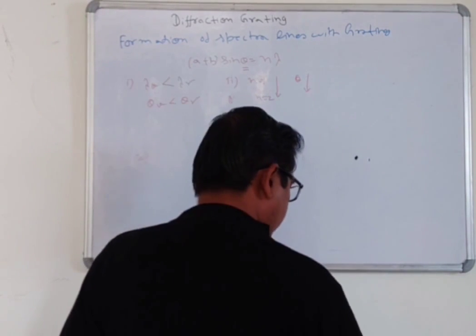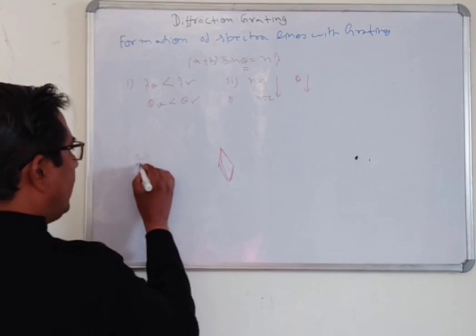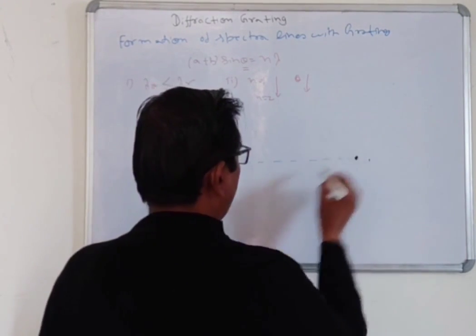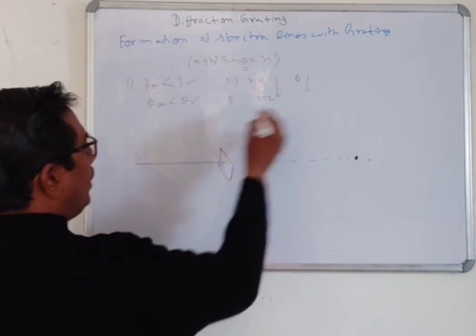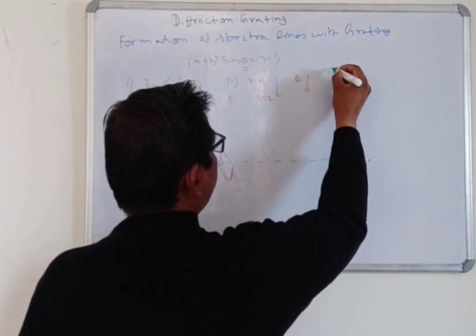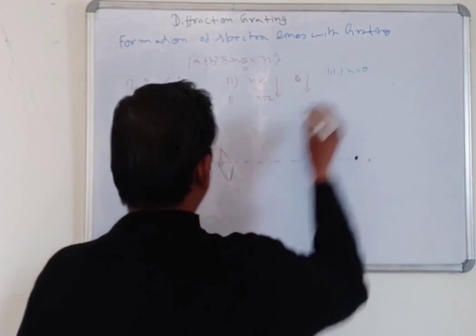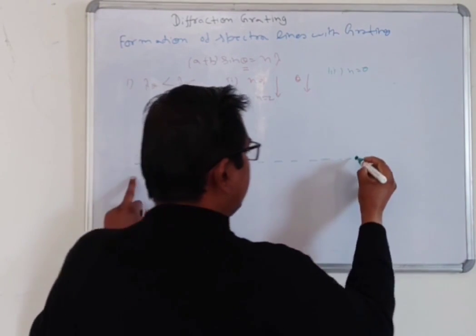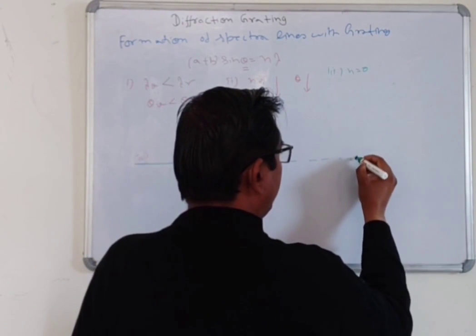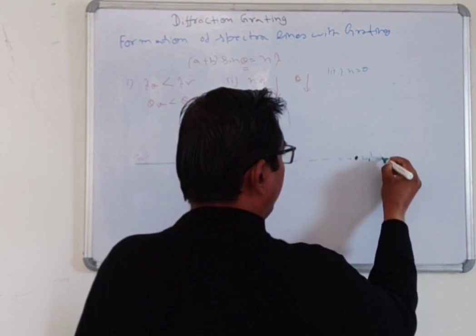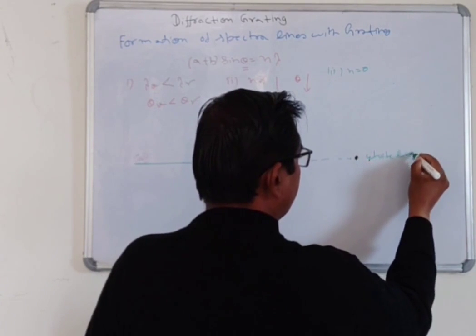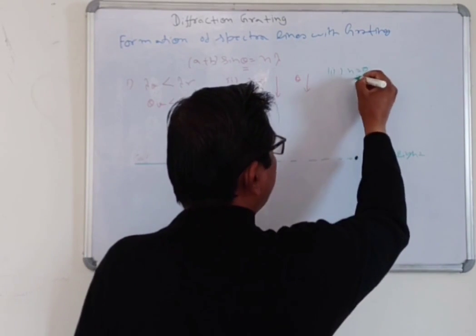When white light is incident on a grating, here will be the normal incident axis. Here when n is equal to 0, all the wavelengths are coming here. It is also a bright white light. You will get white light here, the spectrum here, because n is equal to 0.